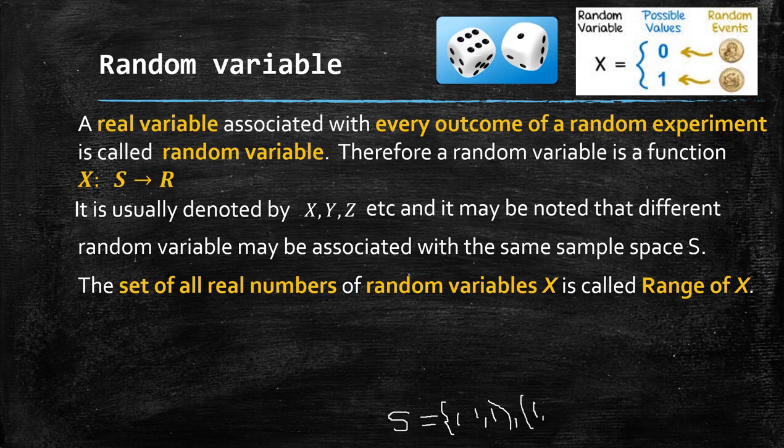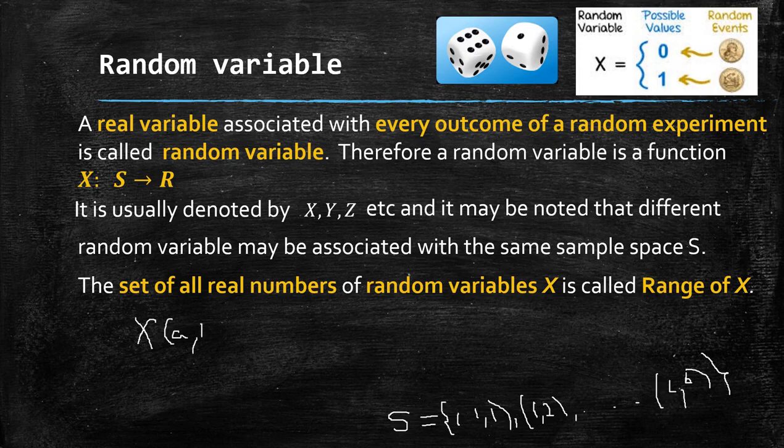Let me take one random variable: suppose I define the random variable X as the maximum of a comma b. So how have I defined it now, students? X of a comma b is nothing but the maximum of a comma b.